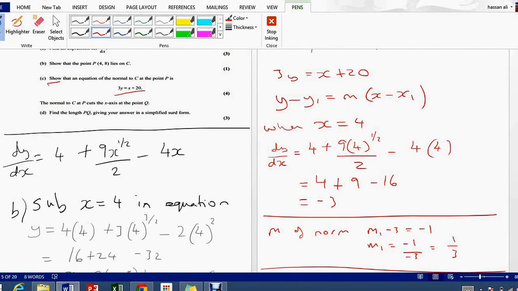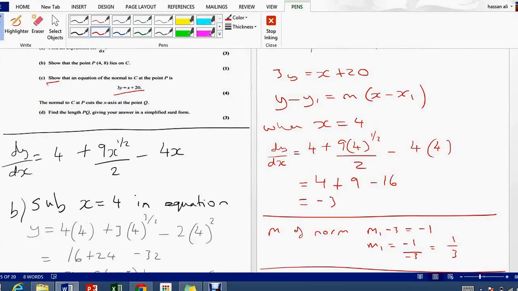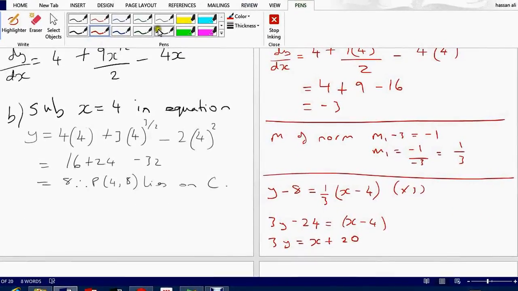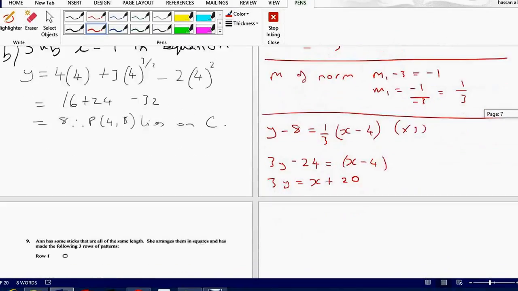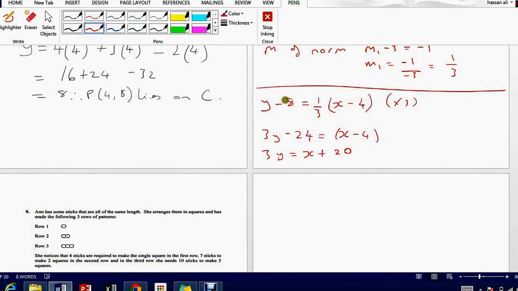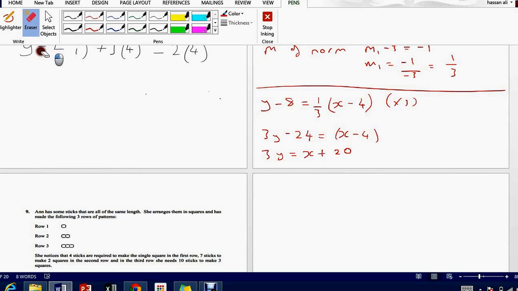Okay, now for part D it's asking you to find the length of PQ, giving your answer in simplified surd form. Feel free to attempt this question and then come back and see whether you found the answer.